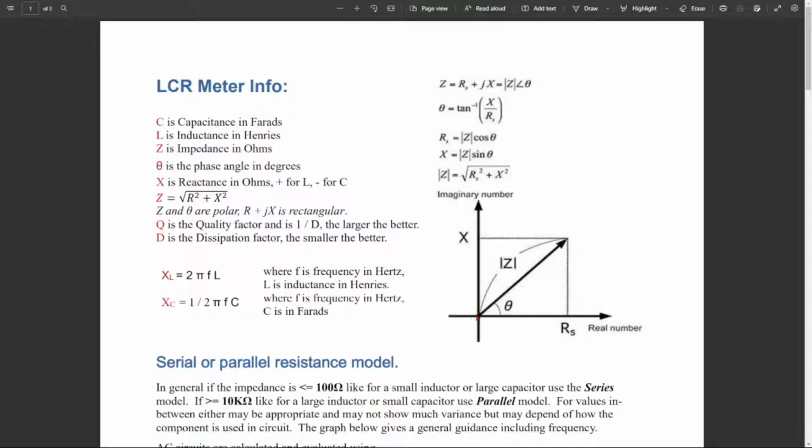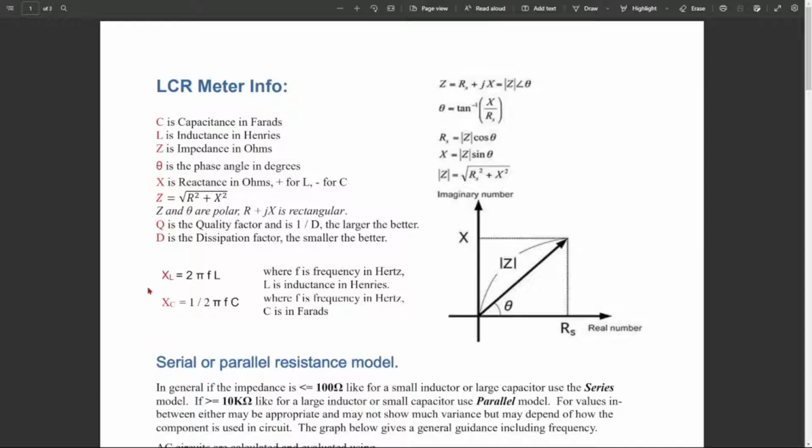In this case here, the example shows a 45-degree angle, and when you blend those two together with that formula that you'll see up here, you end up with a value which we call the impedance, and that's usually shown to be Z. The actual reactance of the components is calculated with these values over here: 2 pi frequency times inductance, and 1 over 2 pi frequency and capacitance.